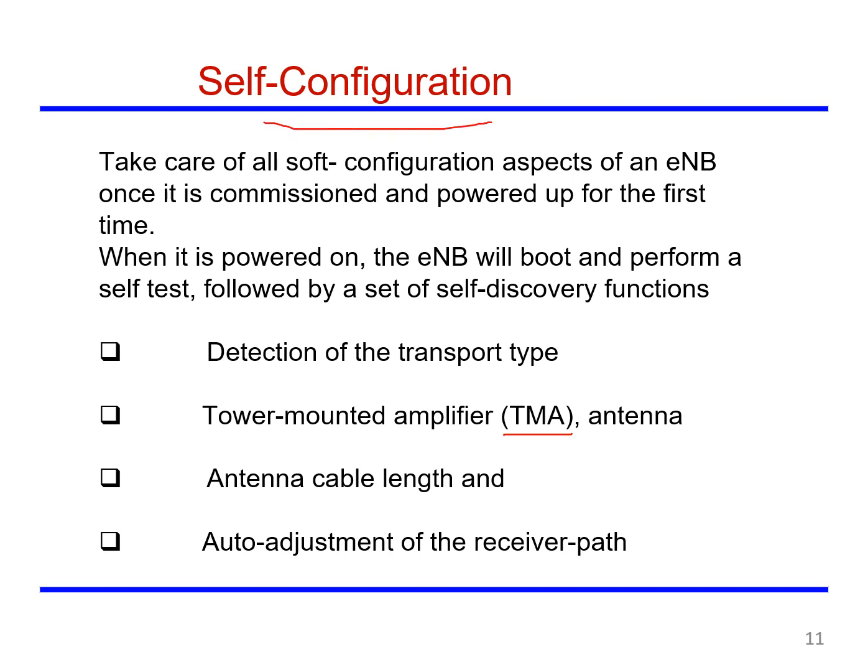In the self-configuration feature, whenever you power up the eNode B, all these things will be discovered automatically: how much antenna cable length there is, whether any VSWR faults are there or not. If they are detected in the eNode B logs, they will all be collected and utilized with algorithms to do the configuration activity, and auto adjustment of the receiver path.